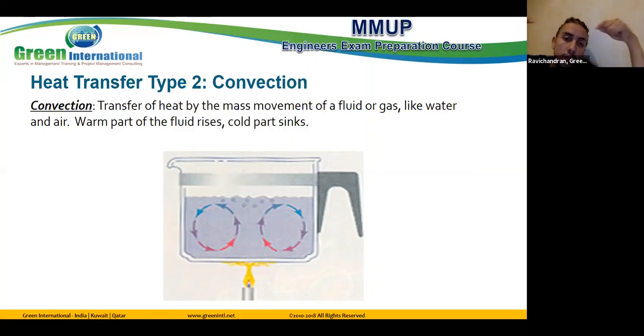This movement means convection. Also between water and air, if water is hot and air is cold, heat transfers between them. This type is convection: transfer of heat by mass movement of a fluid or gas, between liquid and gas.